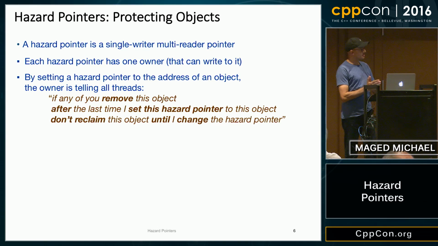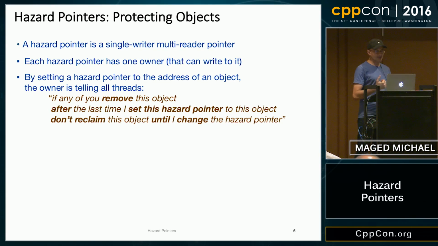Basically, what a thread is doing by setting a hazard pointer to the address of an object is telling all threads, or itself even, that if any thread removes that object from being reachable to create new references, after the last time this thread set the hazard pointer to point to it, you must guarantee that you don't reclaim it until I change the value of that hazard pointer. So that's the message that is being sent.